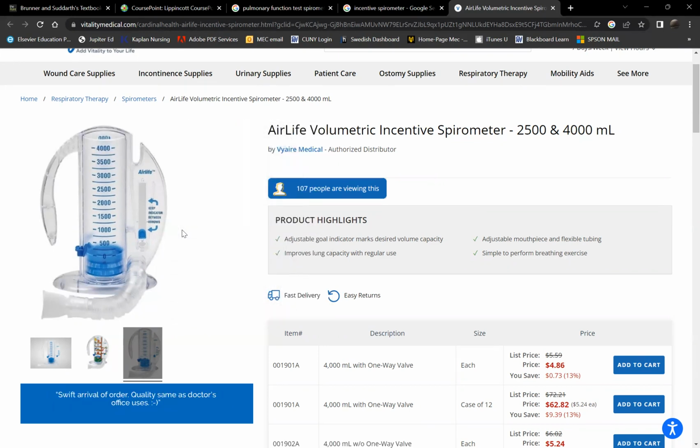And then it will of course rise, right? This ball here will rise. The deeper you inhale, it will rise all the way up to 4,000, 2,500, whatever you can do.